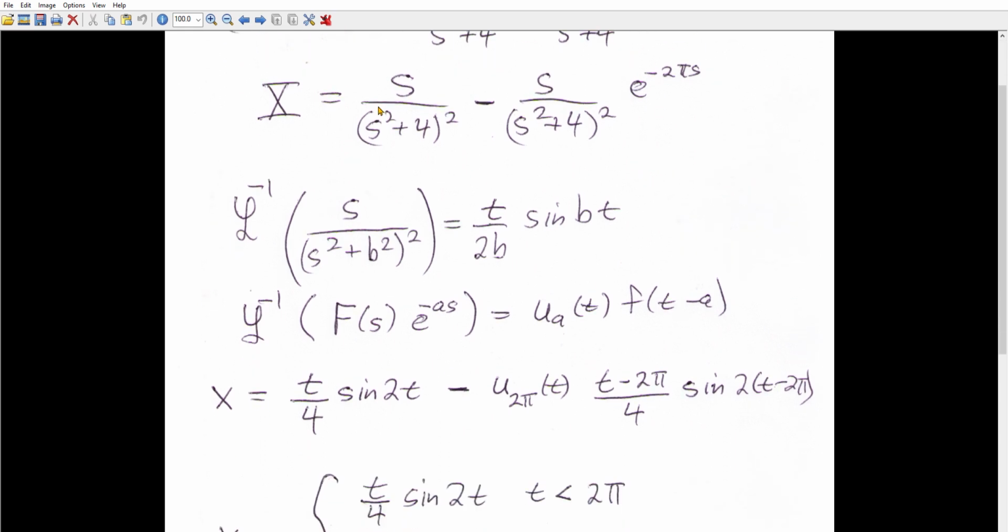We remember that the Laplace transform of s over (s squared plus b squared) squared is t over 2b sine bt.